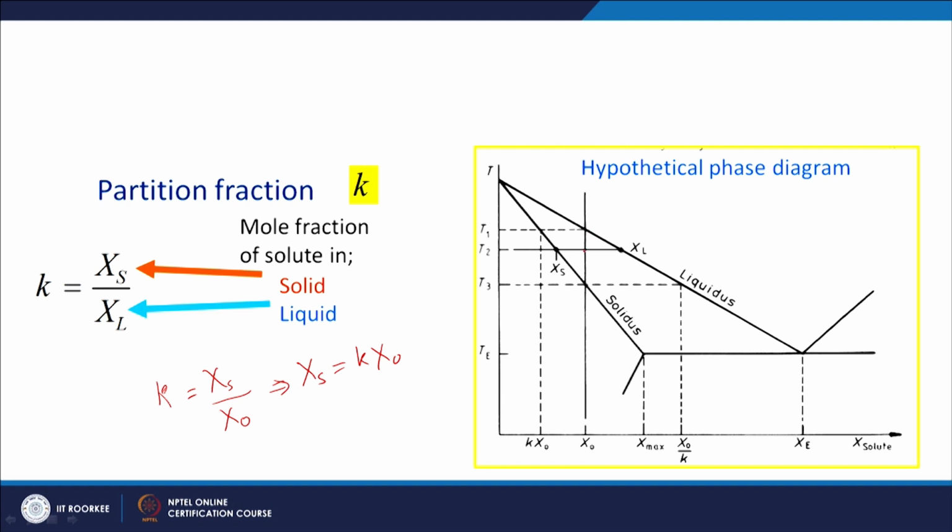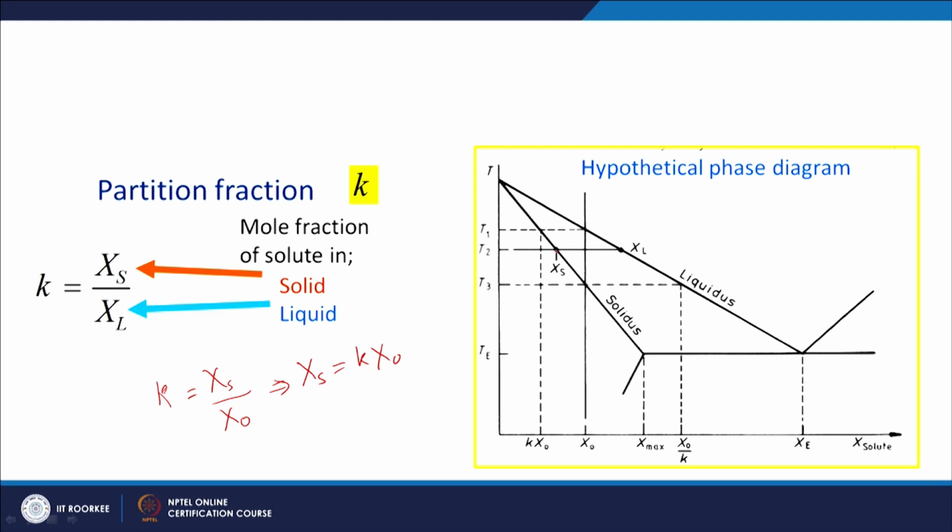Then we will go to some temperature T2. At T2 you have some solid which has composition of XS and some liquid which has composition of XL. You can see that as the solids are forming with much lower solute content, the solute content of the liquid is increasing.